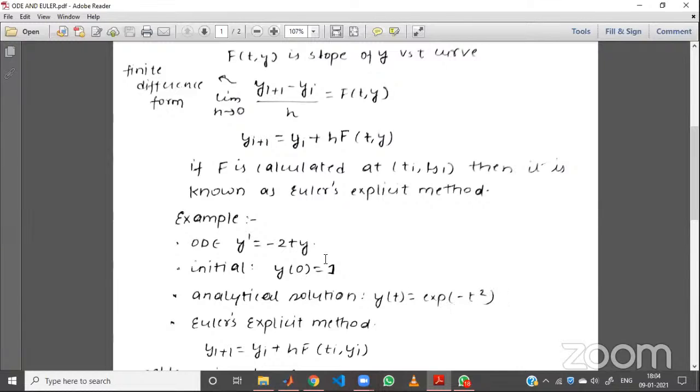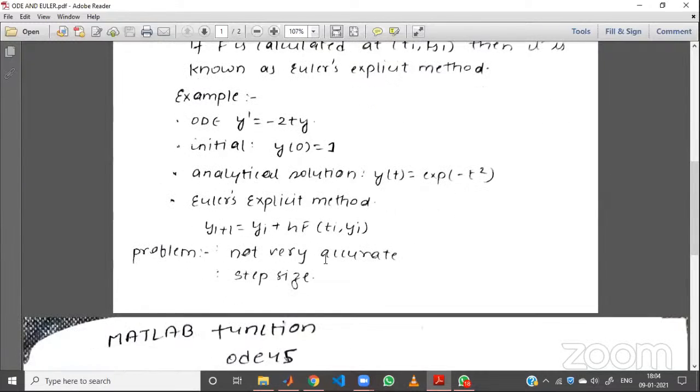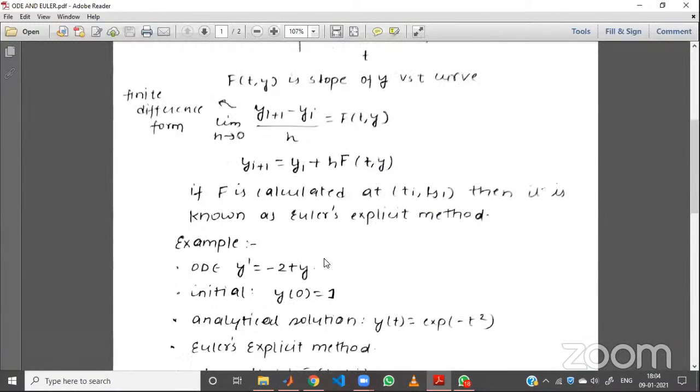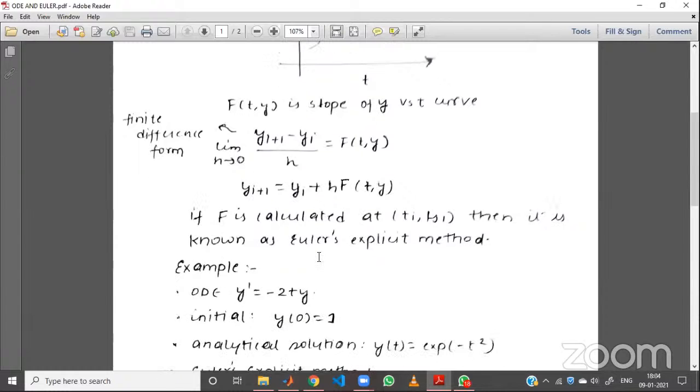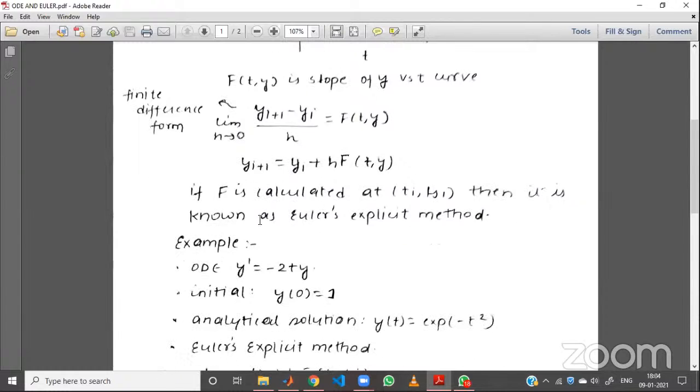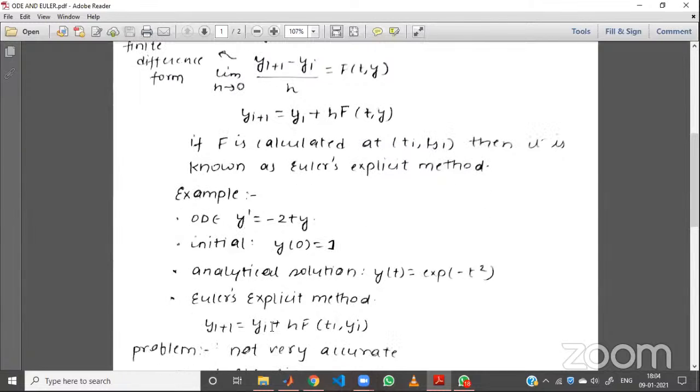In this method we can take different values of h, such as 0.1, 0.01, 0.001, and we get the corresponding values of y i. Then we plot y i with t.